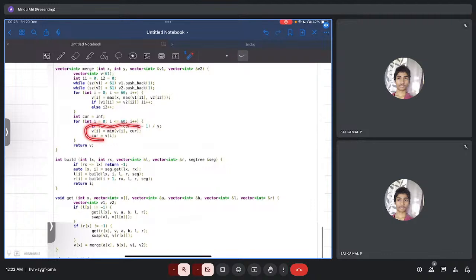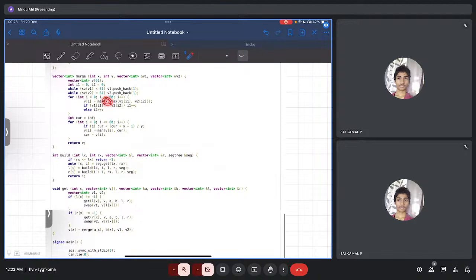So V i comma cur: cur is stored for transitions from less than I. So we do cur equals floor of cur by b, and then we do V i equals min of V i comma cur. Earlier we included x in V i only, so we don't have to include it now.